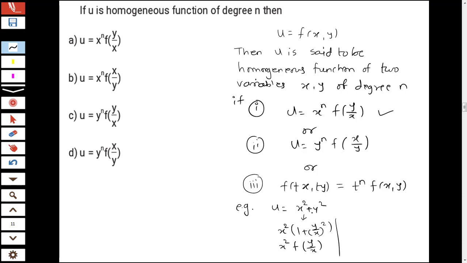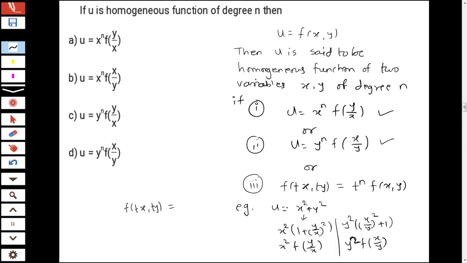Or you may write this as, taking y square common, y square into bracket x upon y bracket square plus 1. Because in this form y raised to n f of x by y, second form, same example. So it is homogeneous with degree 2.